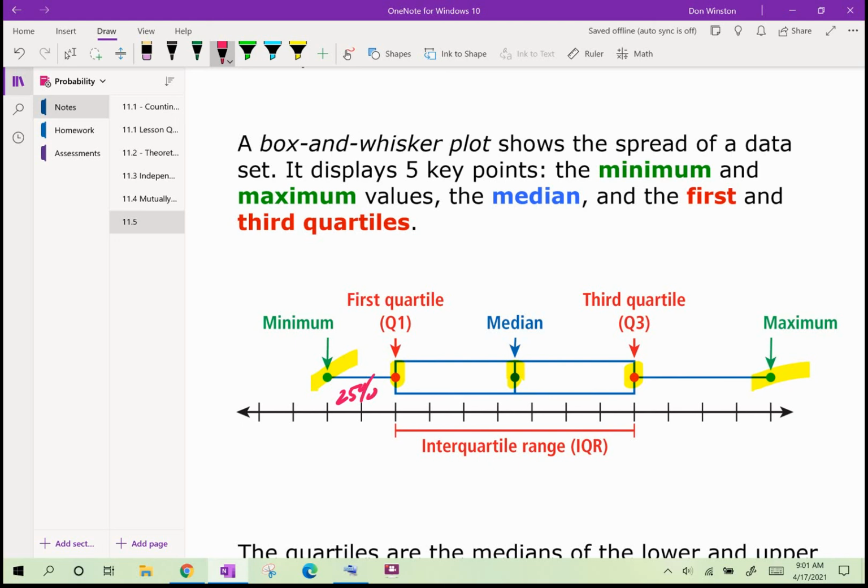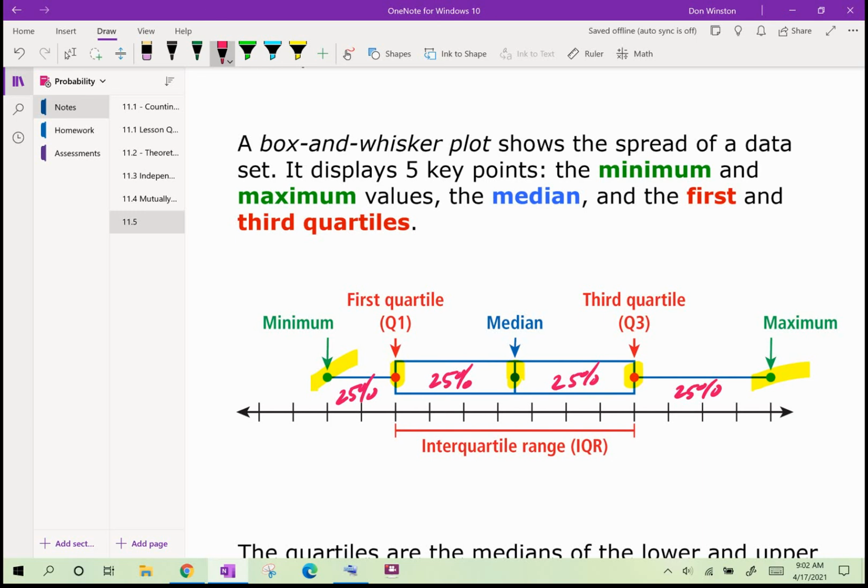Between the first quartile and the median, we have 25% of the data. Between the median and the third quartile, we have 25% of the data. And then between the third quartile and the maximum, we have 25% of the data. So that's why they're called the first and third quartiles.